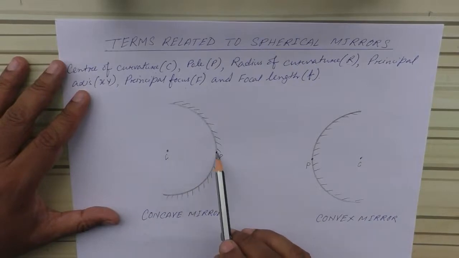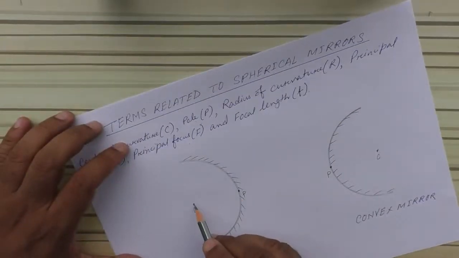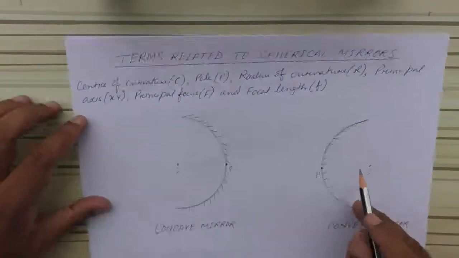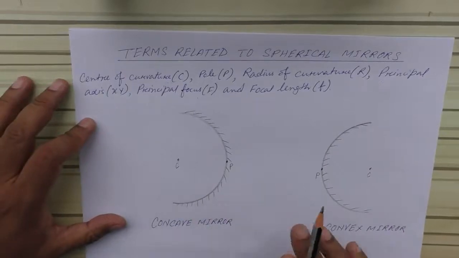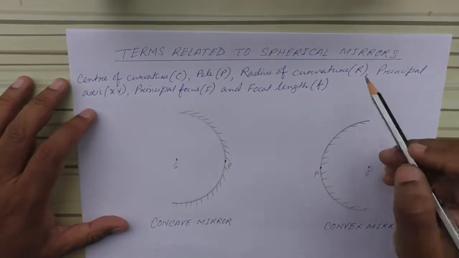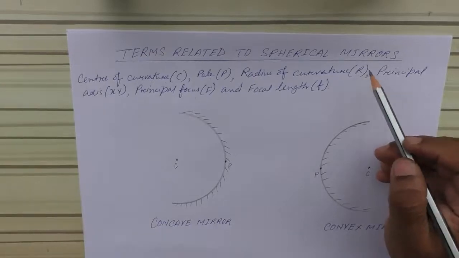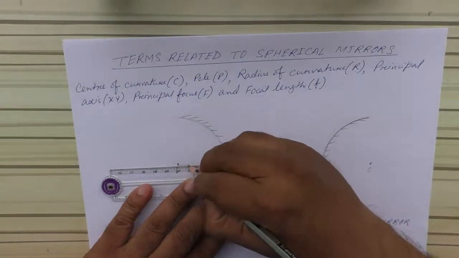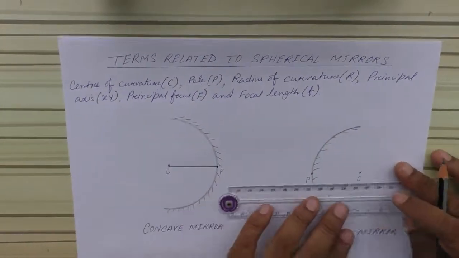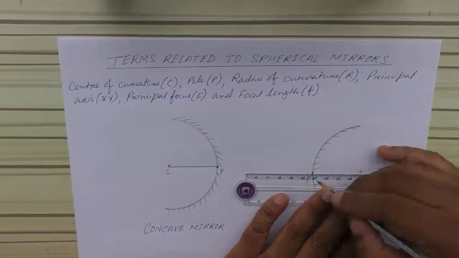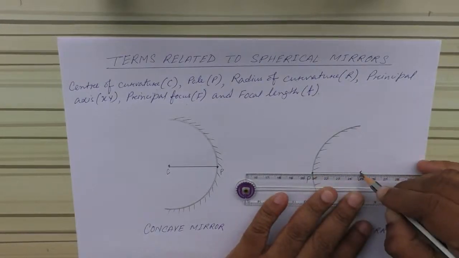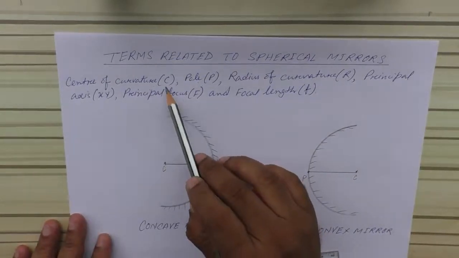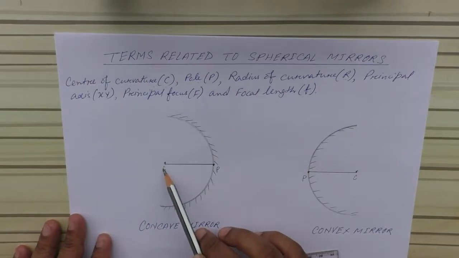If I join C and P, I will get what? Radius, because this is the center, and this is the point on the outline. So this is the radius, and the CP represents radius of curvature that can be denoted by letter R. So I discussed three terms: center of curvature, the center of the sphere of which a spherical mirror is a part.